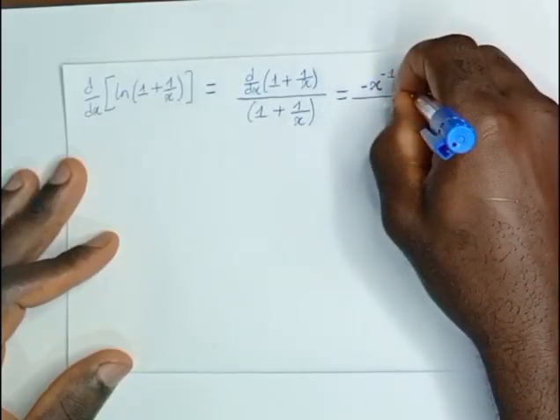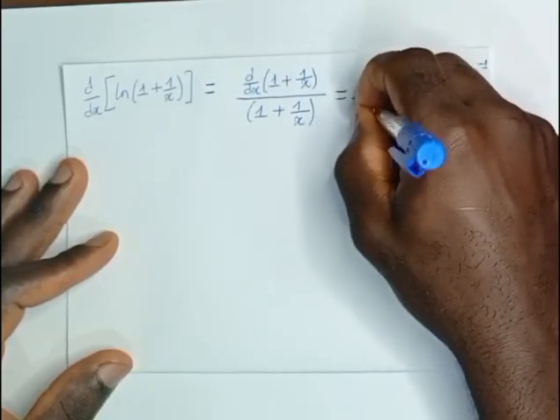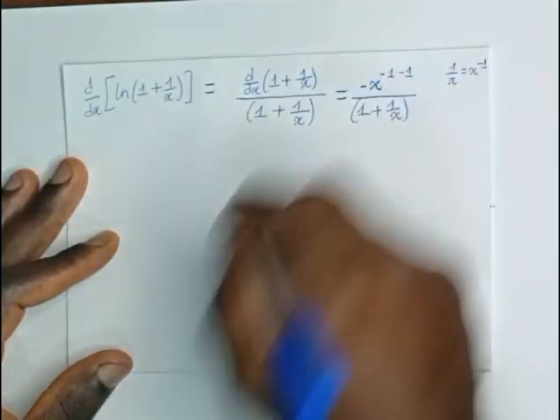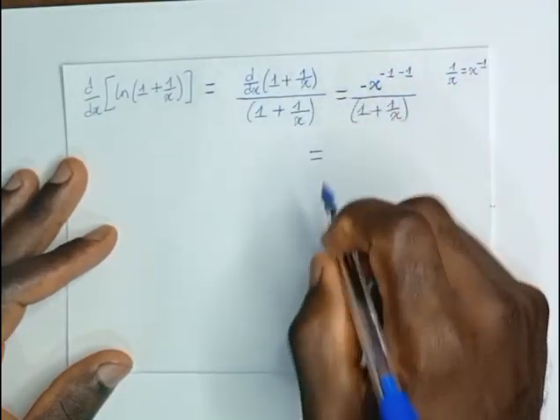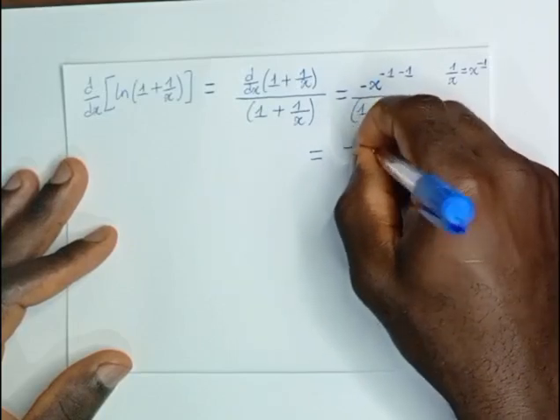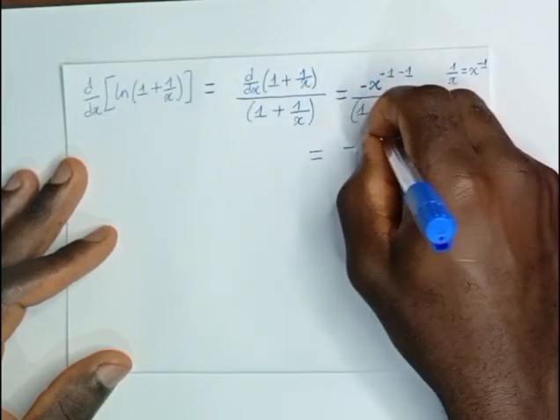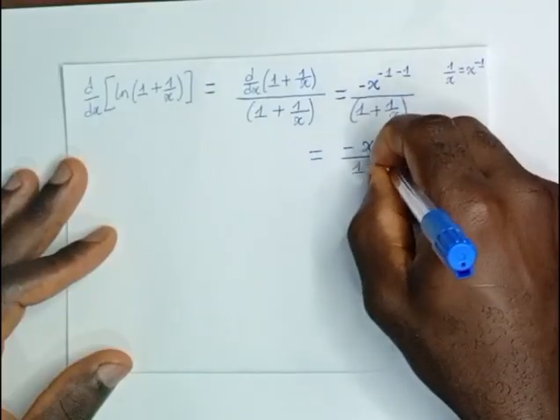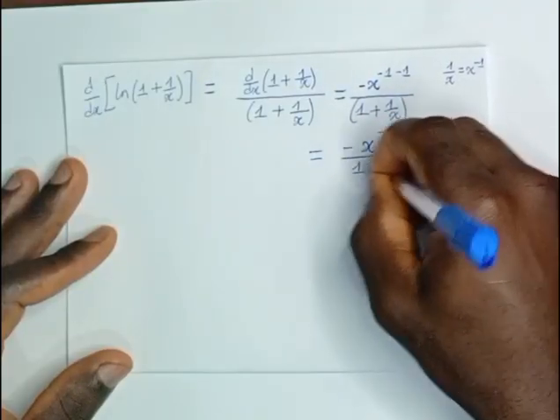We have to divide this by 1 + 1/x. This will simply be equal to negative x raised to the power negative 2 over 1 + 1/x.